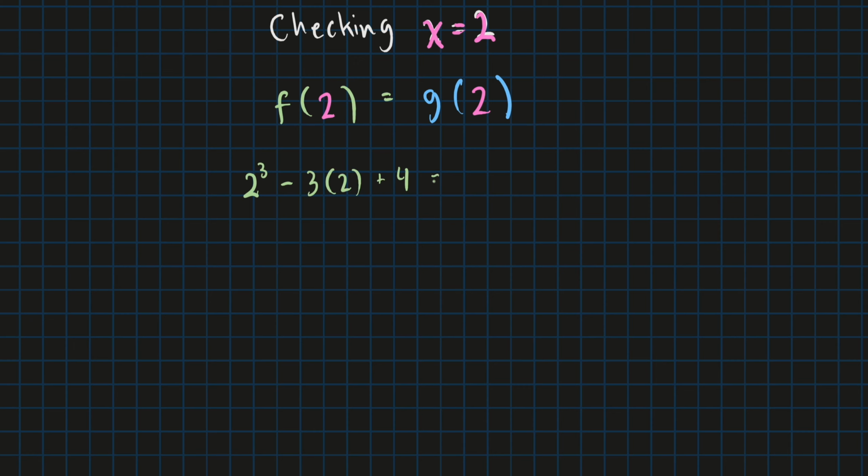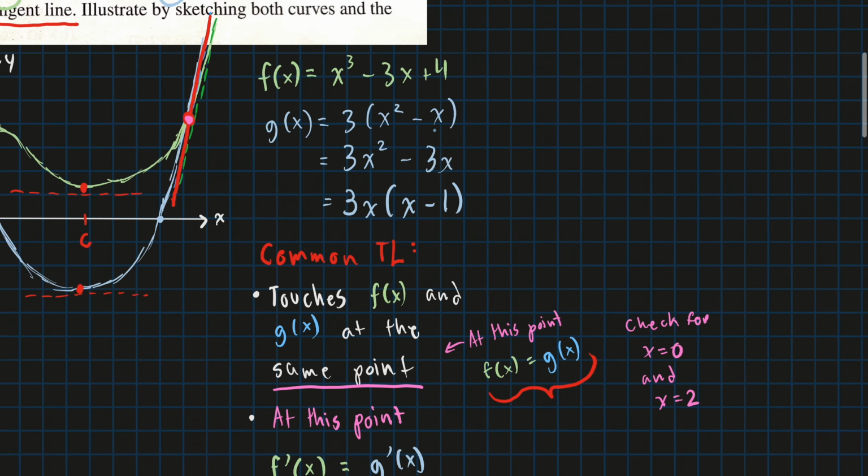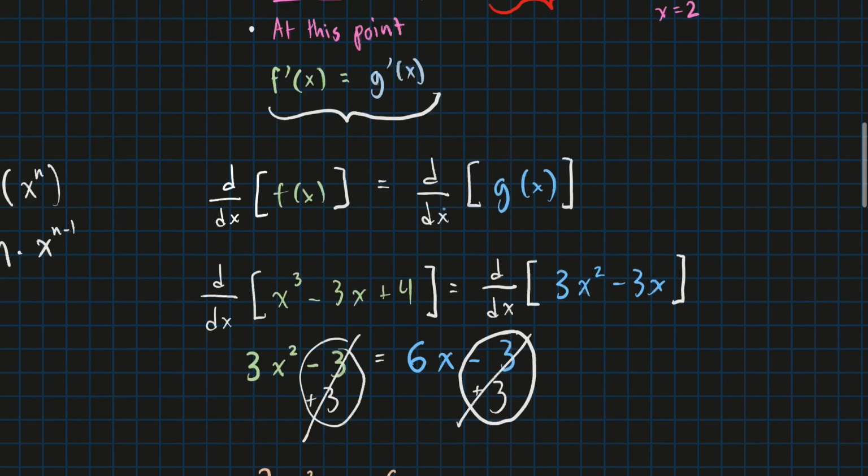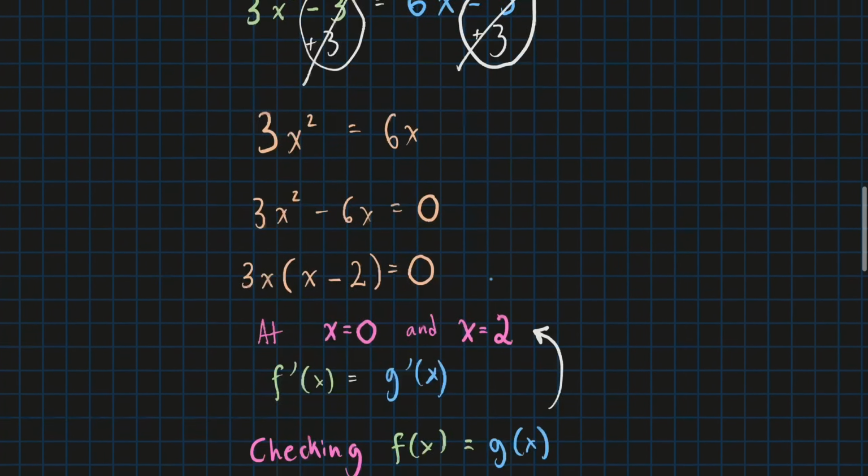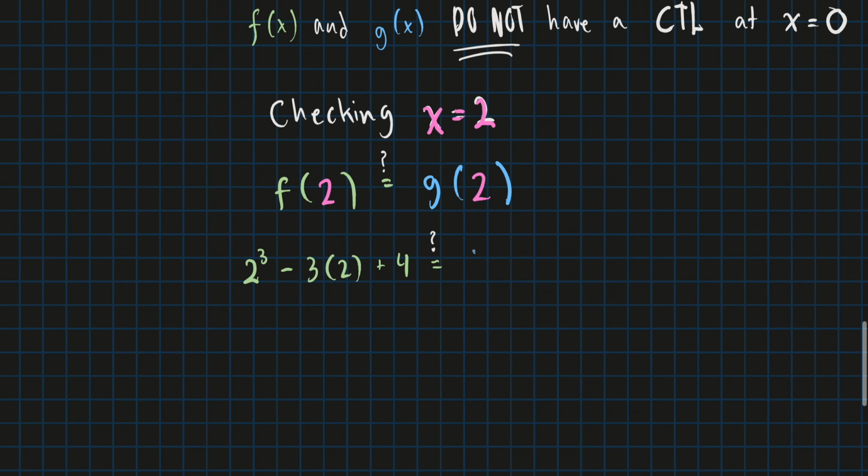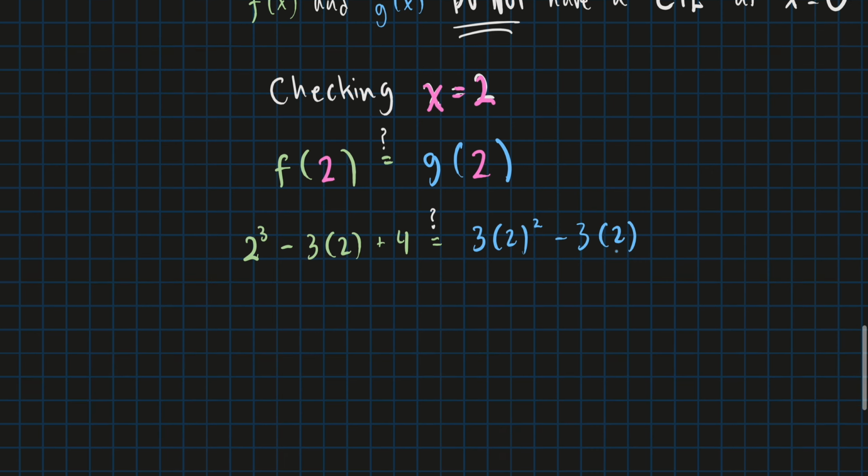And we should probably put our question mark up here, just in case, is equal to, our g of x is 3x squared minus 3x. So 3 times 2 squared minus 3 times 2.